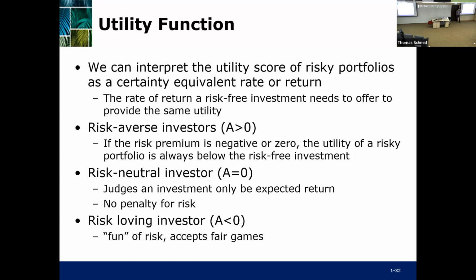Before we move on, I want to make a 2-minute mental break here and say something that is probably not motivating, in the sense that what we do here is not very close to reality. The utility function that we use, this utility model, goes back to the rational decision-making idea.